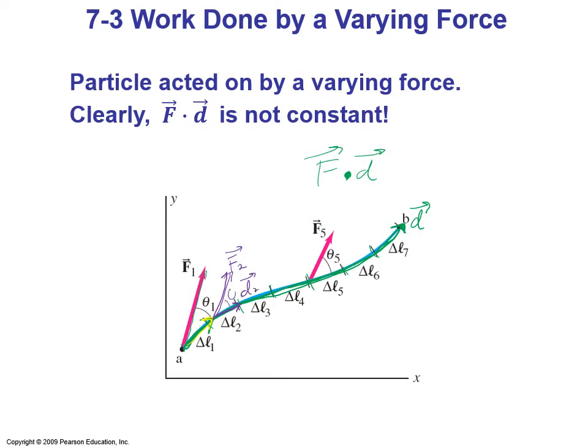And so this would be at an angle θ2. So we could maybe get our work this way by dividing it up into a whole bunch of little pieces and taking F1 delta L1 cosine θ1 plus F2 delta L2 cosine θ2 plus etc.